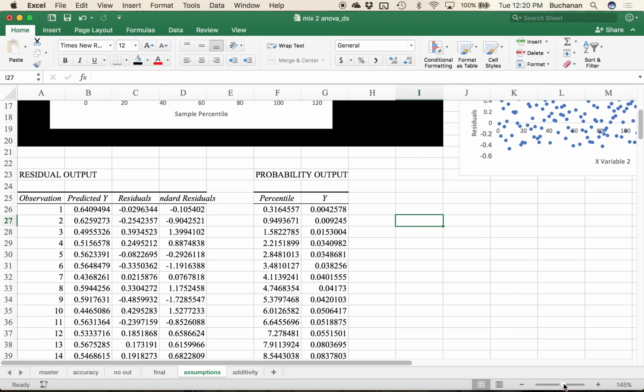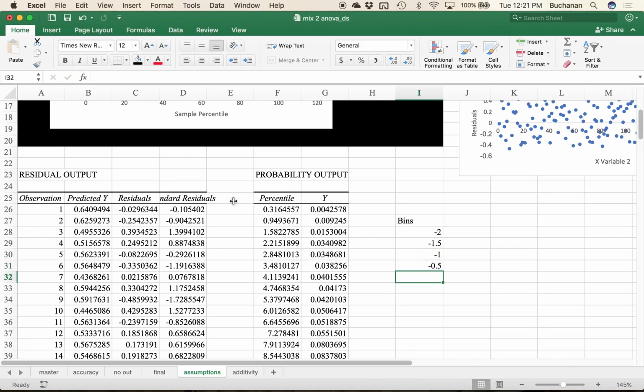Now to do normality, what we can do is just highlight the standardized residuals and use the histogram feature. But we talked a little bit across a couple of these videos now that with the histogram, the x-axis is funky. So what we can do is create our own x-axis first. And I'm just telling it what the bins I want to use are.